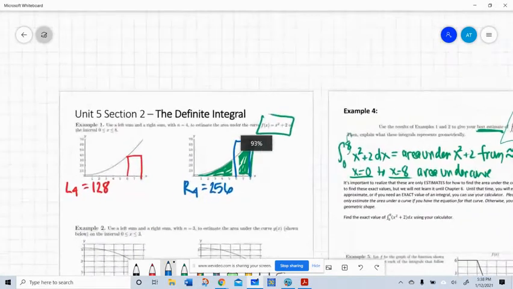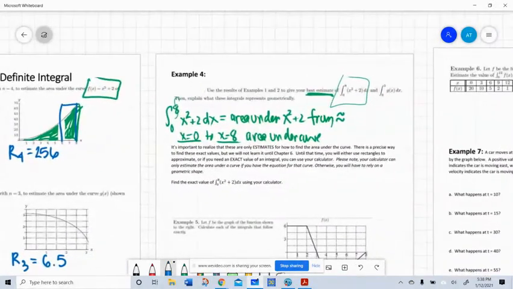So the way that I'm going to estimate the area under the curve of x squared plus 2 from x equals 0 to x equals 8 is I'm going to average L4 and R4 that we computed in example 1.